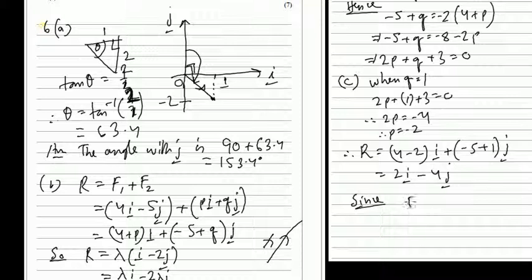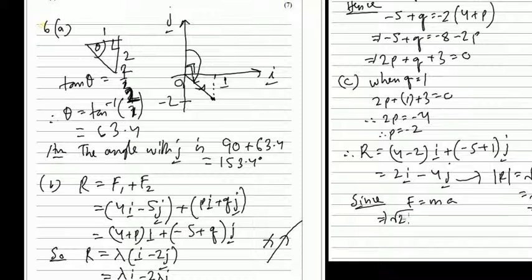Since force equals mass times acceleration, and we can consider this to be the modulus, this would be 2 squared plus minus 4 squared, that would be 4 plus 16, square root of 20.